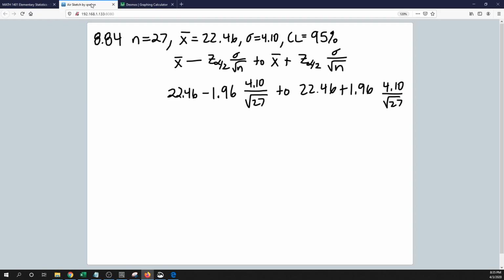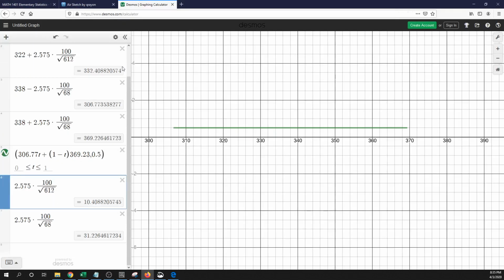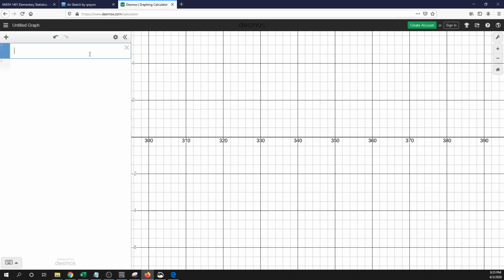Let's calculate that out. 22.46 minus 1.96 times 4.10 divided by the square root of 27.